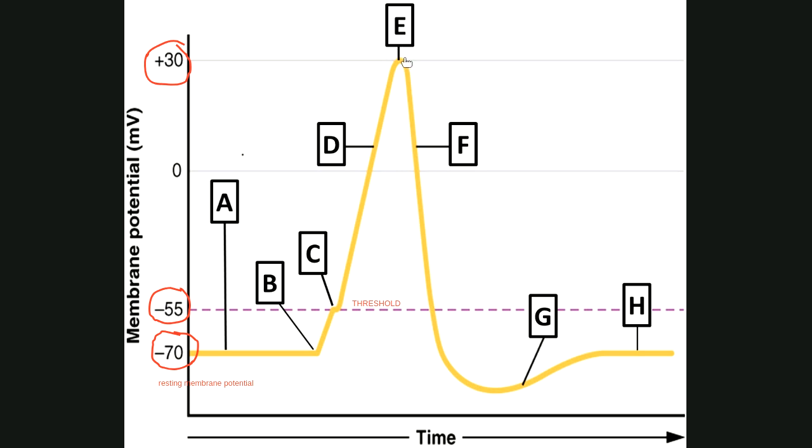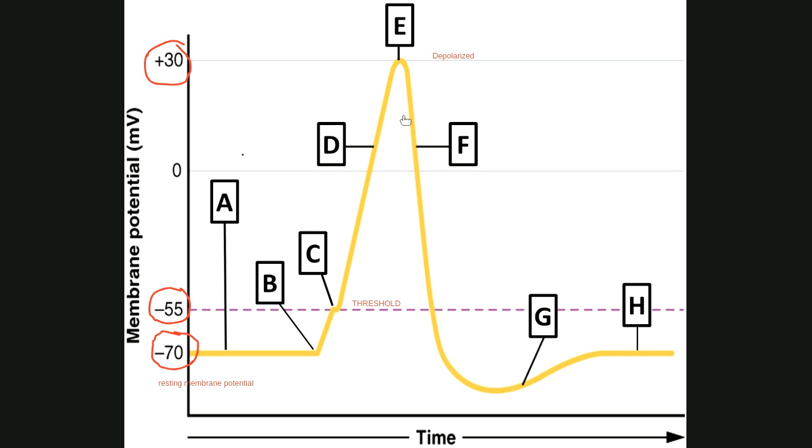But once I talk to my neighbor up here at +30, I realize, oh my gosh, my charge is completely wrong. I was supposed to be -70, now I'm +30. We have a word for the charge being completely wrong, and that word is depolarized. When my neuron is all the way up here at +30, we would say that it is depolarized.